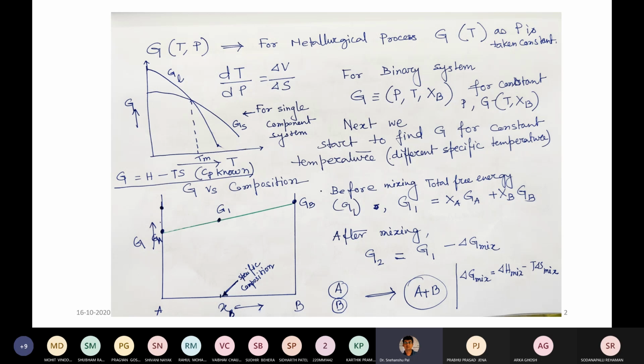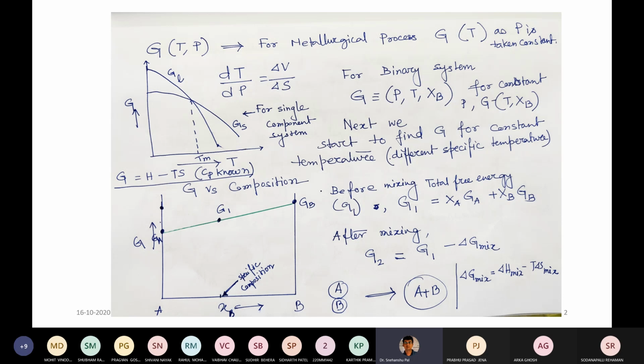So only in a hypothetical case where delta V is equal to 0 will the melting point or phase transformation temperature not change with respect to pressure. For metallurgical systems, we consider only the solid and liquid states, so we will take pressure as a constant.